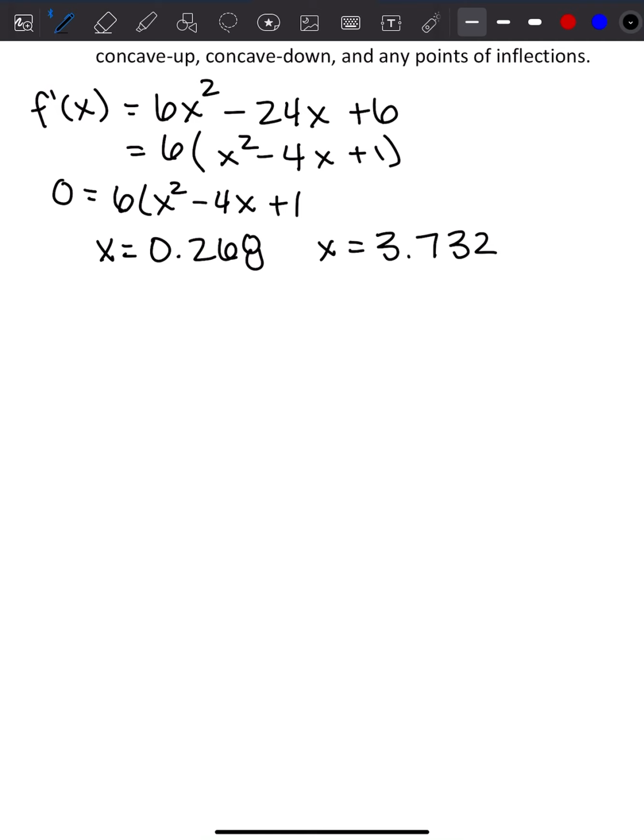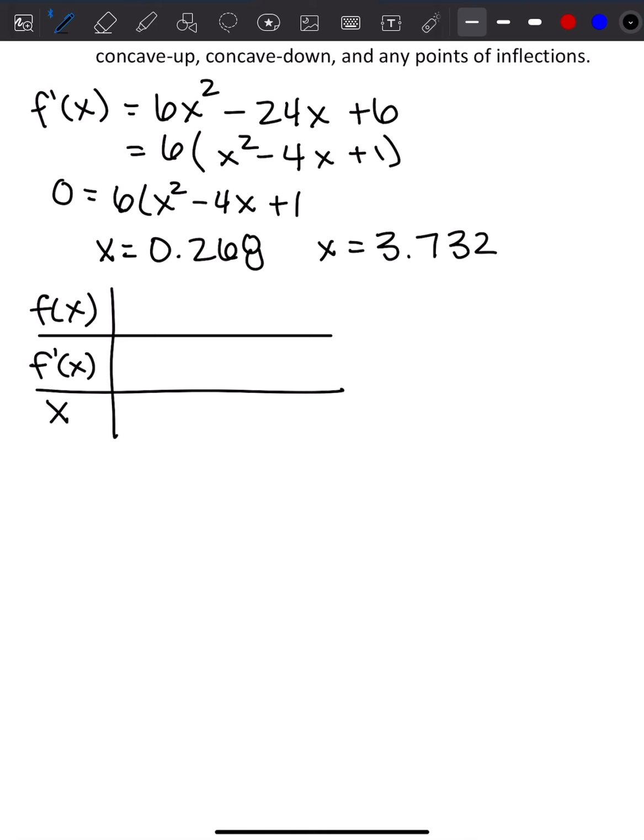So we would do what we would normally do, which is make our table. We looked at the graph, so we kind of already know what's going on. But if I were to do this by hand, I would pick a value or values around what we have here.